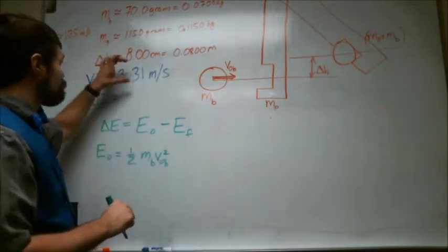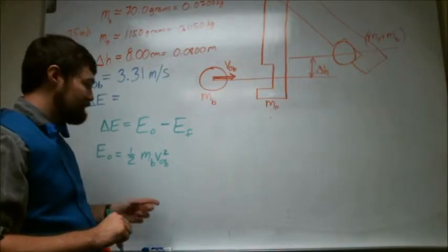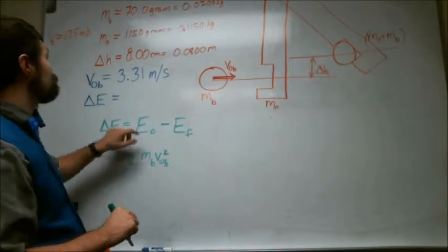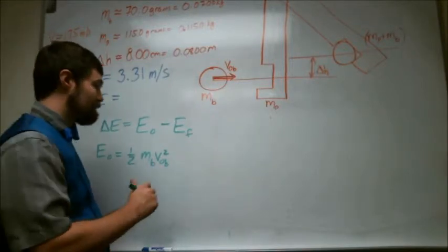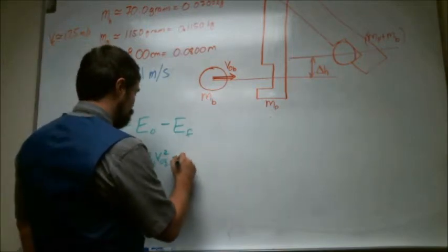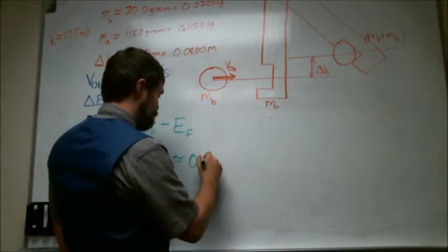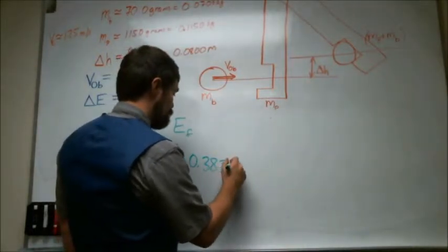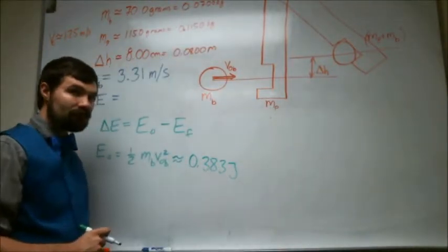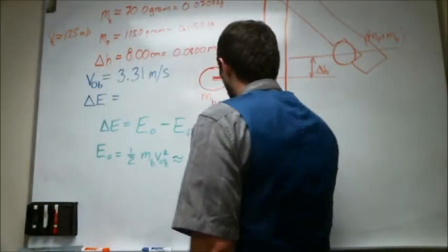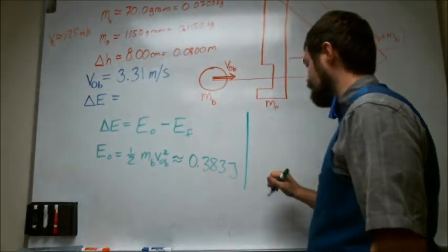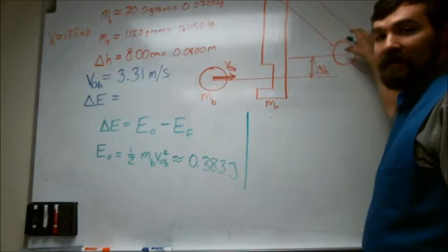So using the 3.31 meters per second number that I found earlier and using the 70-gram mass of the ball, I come up with an initial energy of 0.383 joules.